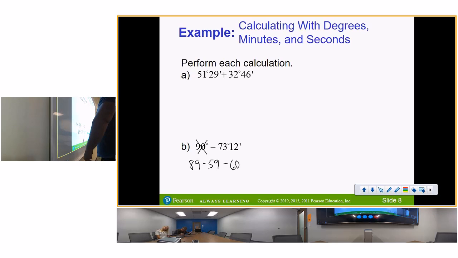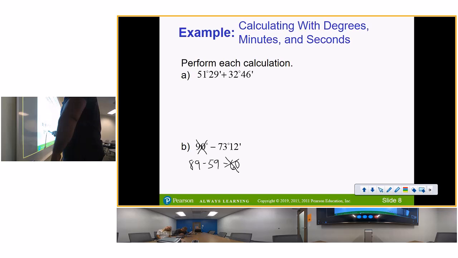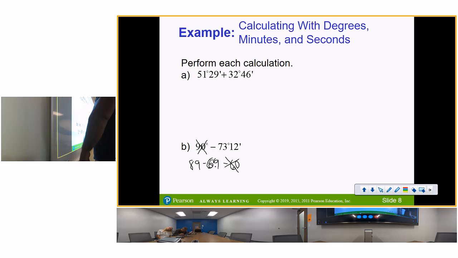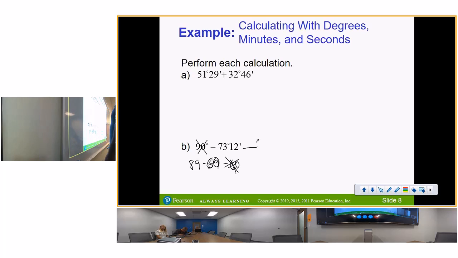Or in this case, you don't need the 60 seconds, because we do not have any seconds, so this one is going to be 89, 60.